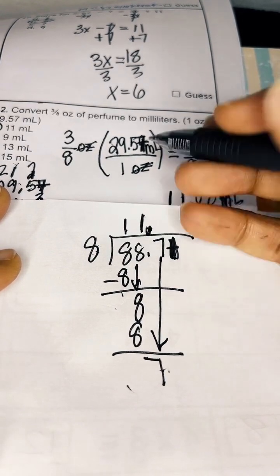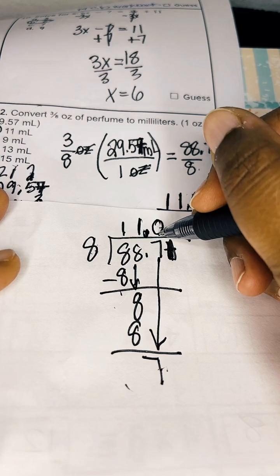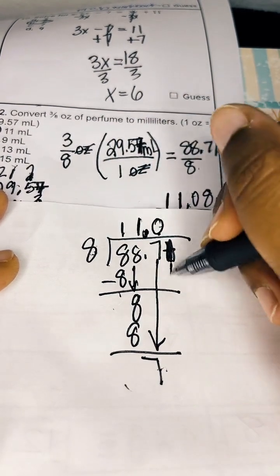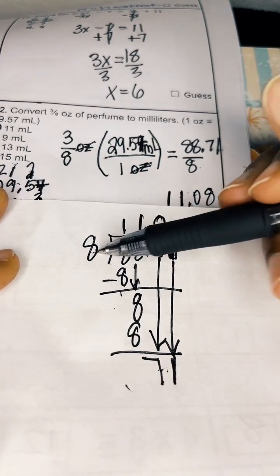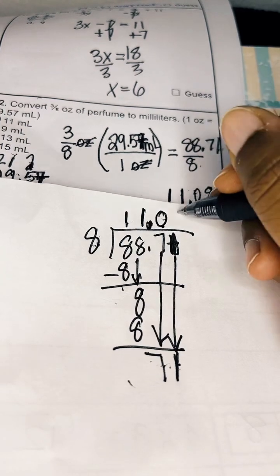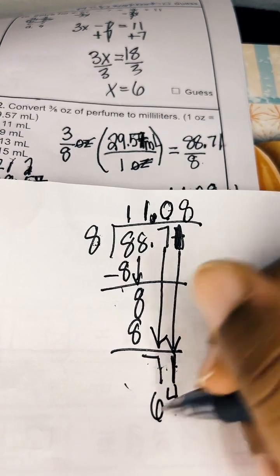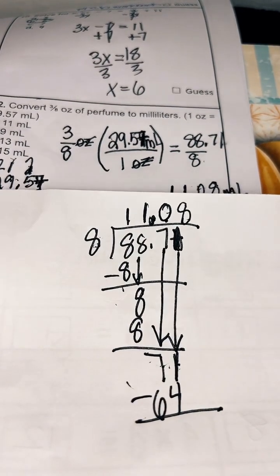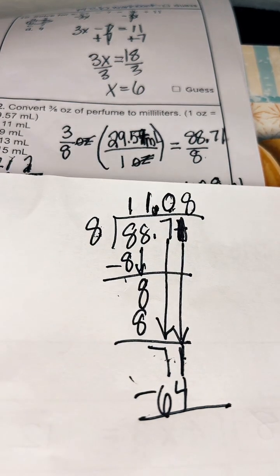So when 8 can't fit in the 7, we have to put a placeholder of a 0. Then we drop down the 1. And then we ask ourselves, how many 8s can fit into 71? Well, only 8 can, because 8 times 8 is 64. And then you would subtract. That's how we got the 0 and the 8. Does that make sense, Lily?